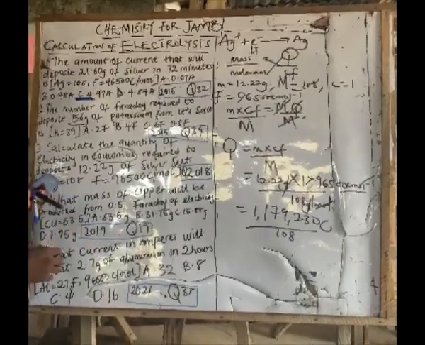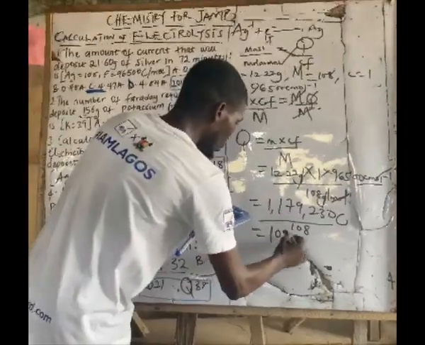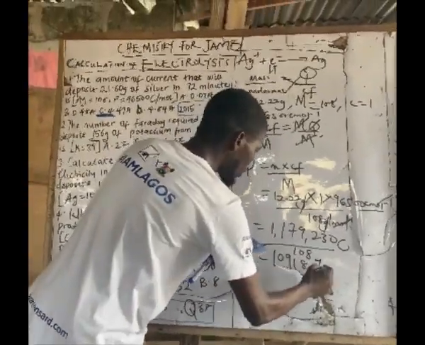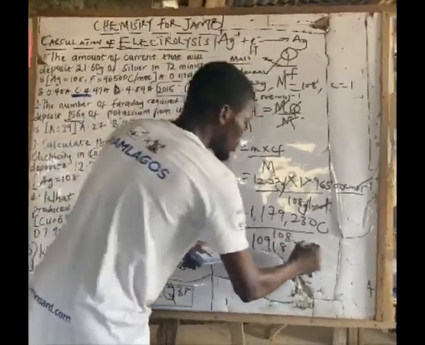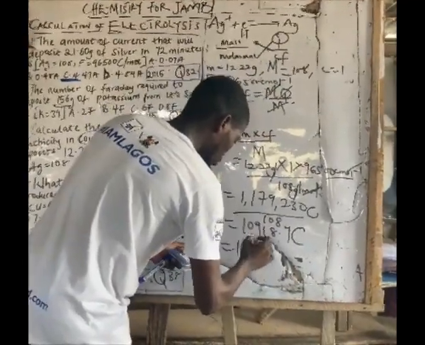Okay, no option for this. So with that, I can say we have 10918.7. If you are to approximate this, you can say we have 109.